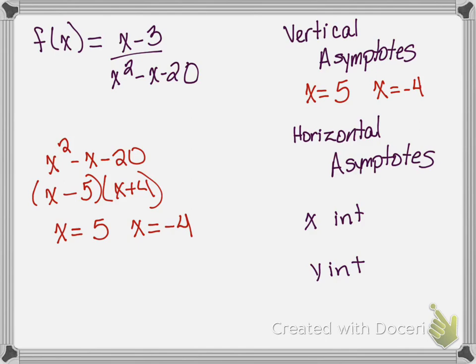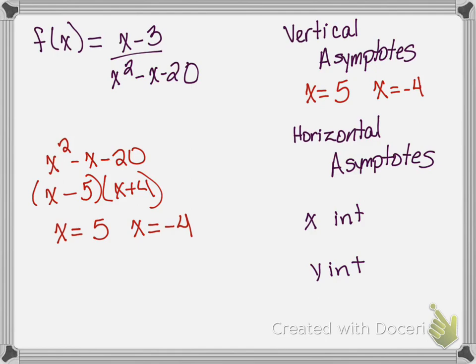Our horizontal asymptotes are defined by the relationship between the numerator and the denominator. I'm going to say that again. Your horizontal asymptote is defined by the relationship between the numerator and the denominator.